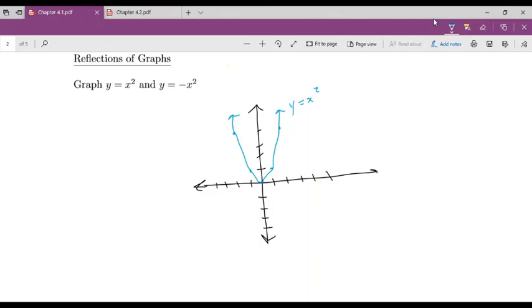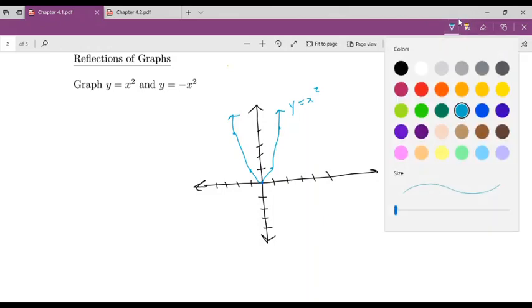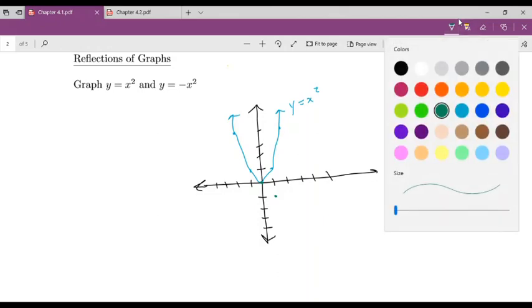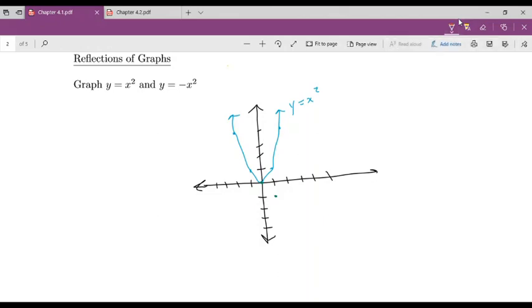Okay, so this is y equals x squared. Now if we look at y equals negative x squared, I'll do that one in, say, green. 0, 0 is still a point. Okay, if I plug 1 in here, 1 squared is 1 times a negative is a negative 1 right here. This might not be the best contrast color. Let's make it orange.